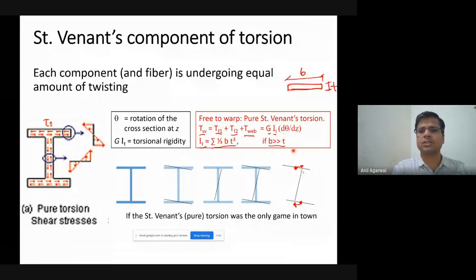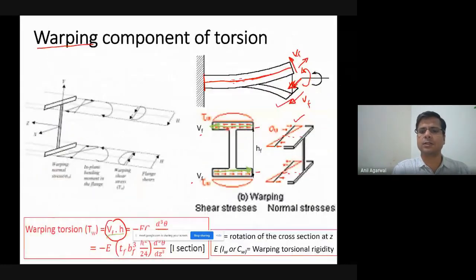So as a consequence, you get some warping. Warping is basically nothing but the bending of two flanges in opposite directions. You can derive the expression for that bending moment or the shear force required to create that bending, and that shear force multiplied by the gap between the two plates will give you the torsional moment. So this torsional moment equation is given as here.